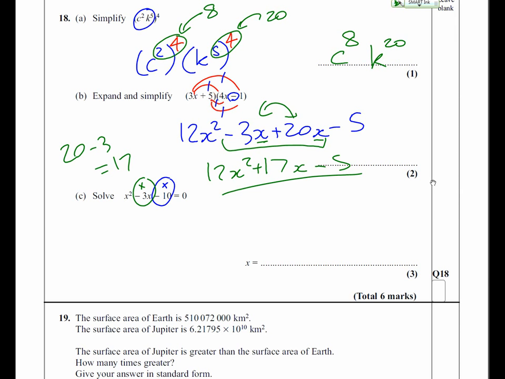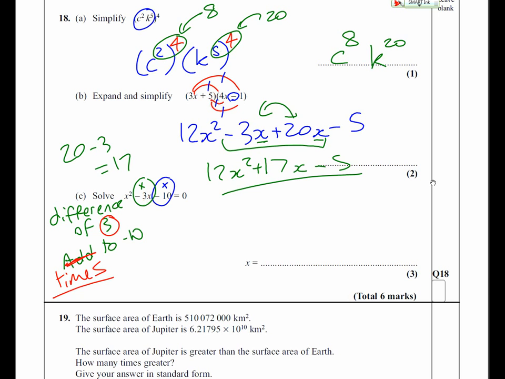So two numbers with a difference of 3, and they multiply to minus 10 or 10. Both will work as long as you change it in a sec. So your factors of 10, 1 and 10, 2 and 5, that's it. And 2 and 5 have a difference of 3. So, sorry, times, not add.